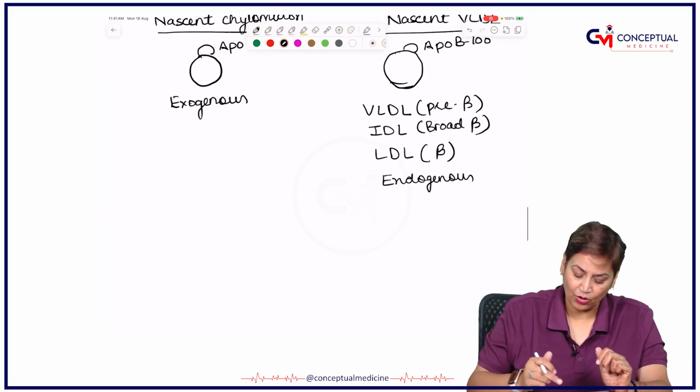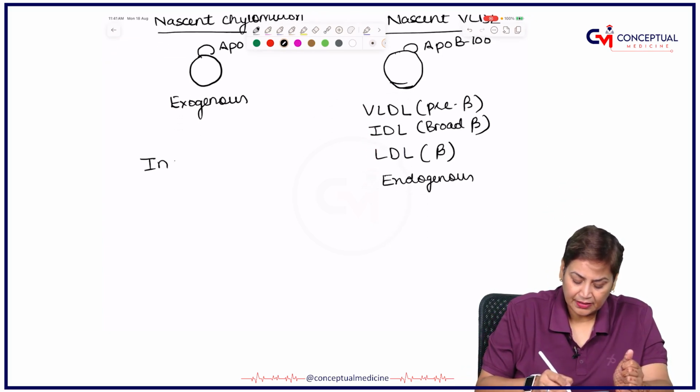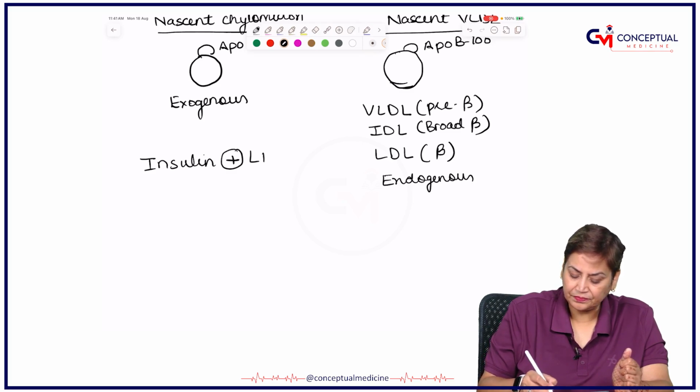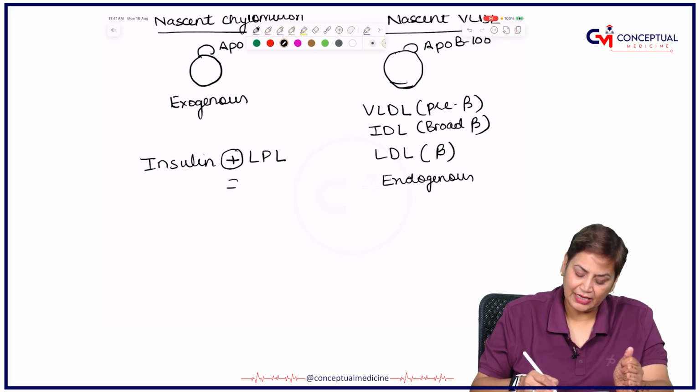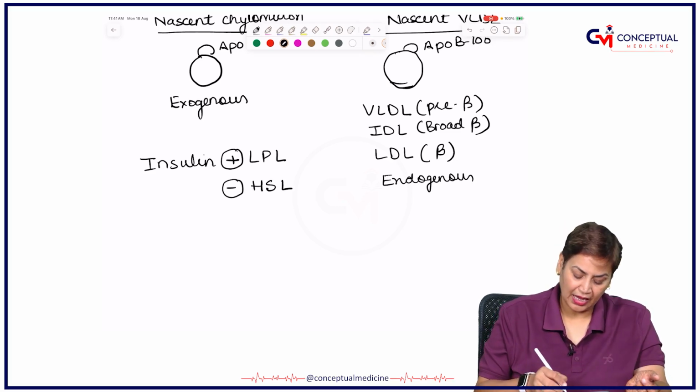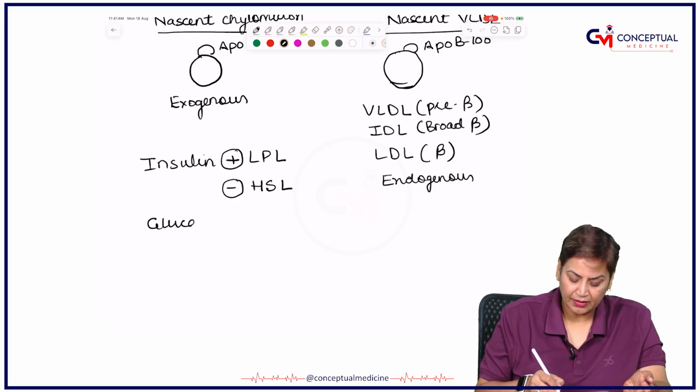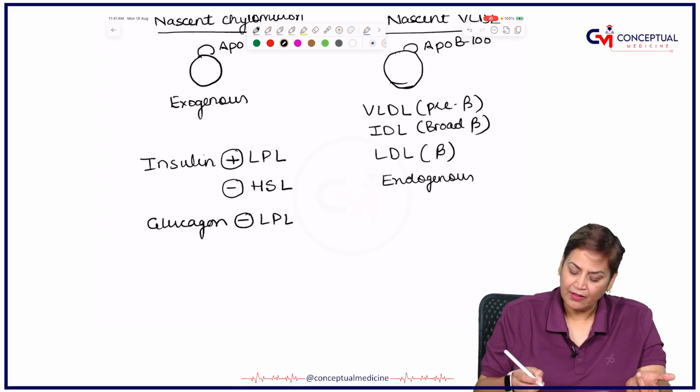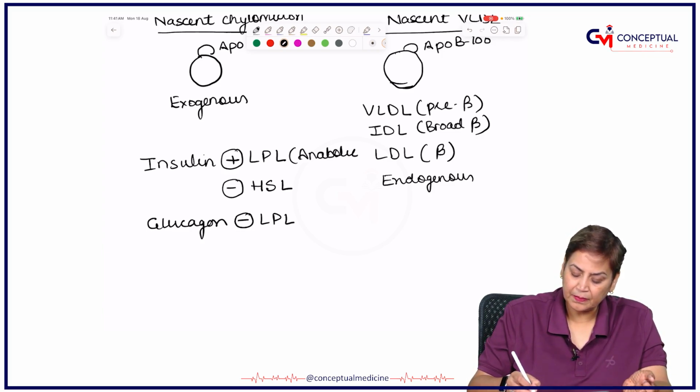I'll write it here also. Insulin activates LPL, whereas insulin inhibits hormone sensitive lipase. On the other hand, glucagon always inhibits LPL. Why? Because LPL is anabolic in nature and HSL is catabolic.